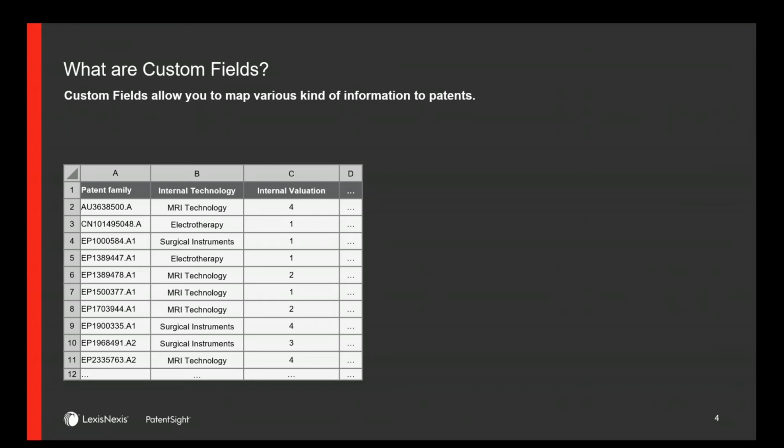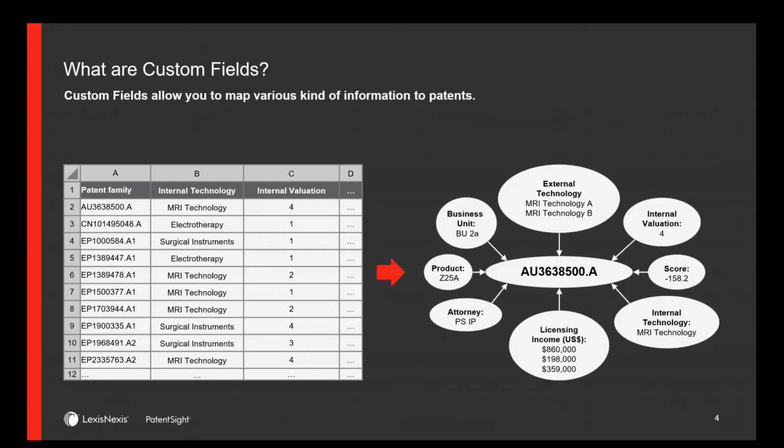So within this organization, there is some valuation going on, and each of these patents gets some sort of score here. Now, what we can do with PatentSight is literally import that as it is and map it to patents. And we might end up with an unlimited amount of various kinds of information mapped to patent families.